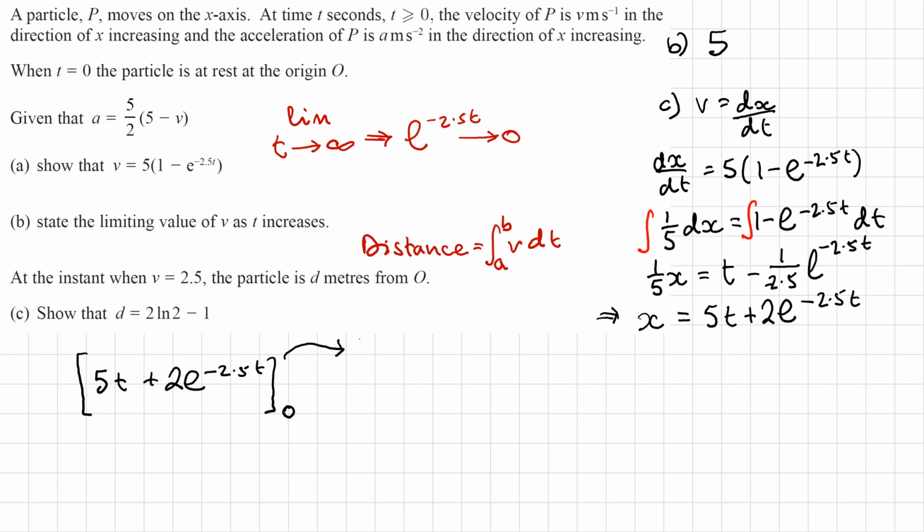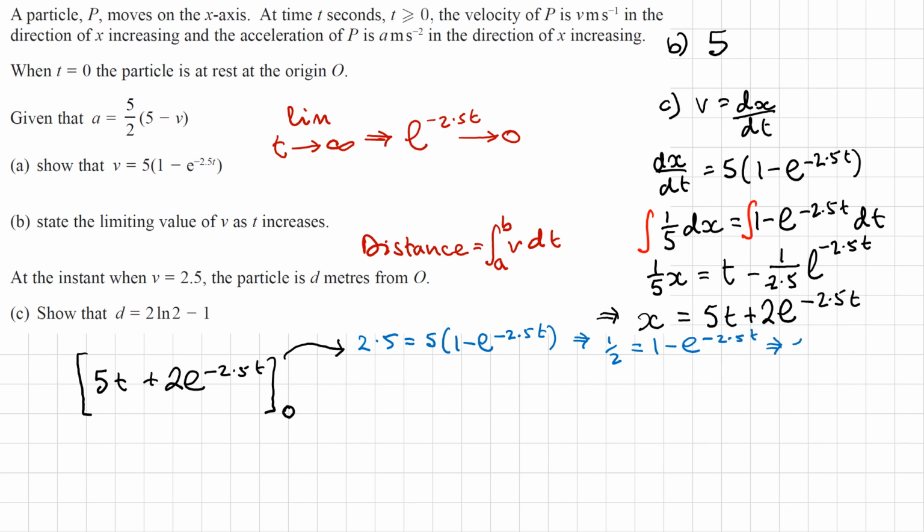So we're going to have 2.5 is equal to 5 times 1 minus e to the minus 2.5t. I guess from there, what I'll do is divide both sides by 5. So 2.5 divided by 5, that's going to be a half, is equal to 1 minus e to the negative 2.5t.